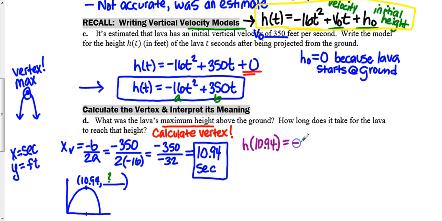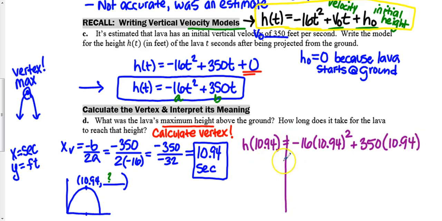So let's see. We're going to have negative 16 times 10.94 squared plus 350 times 10.94. That gets us negative 16 times, let's see, 10.94 squared. I get 119 point, it says 0.6836.